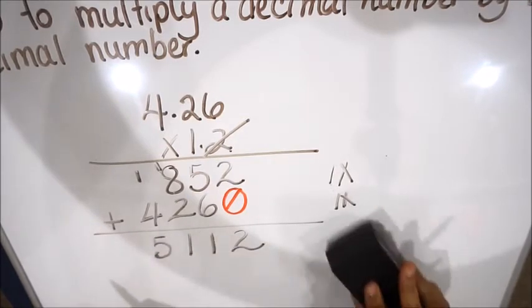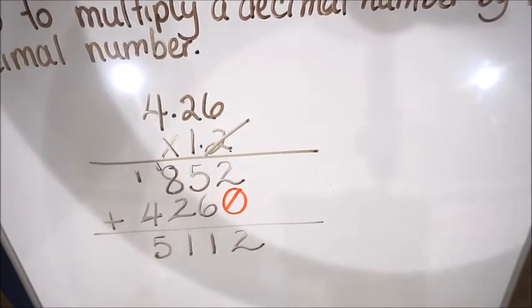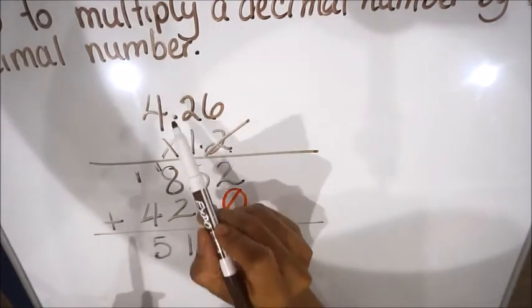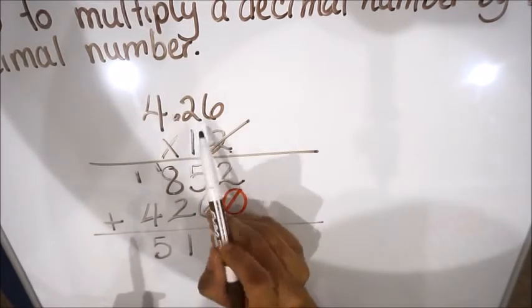Great. You may say, well, I am quite finished. Well, no, you are not quite finished, because we are multiplying decimal numbers and we need to figure out where we're going to place our decimal point. Let's look at our factors that we used. We used 4 and 26 hundredths. As I notice where my decimal point is here, I have 2 digits behind my decimal point.